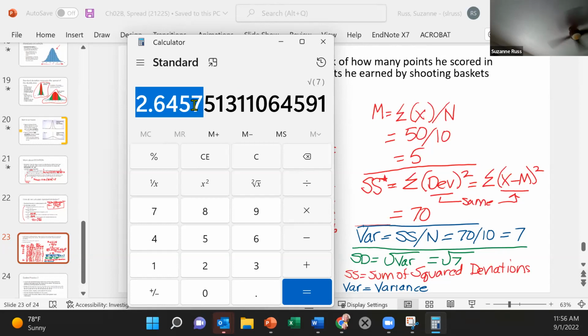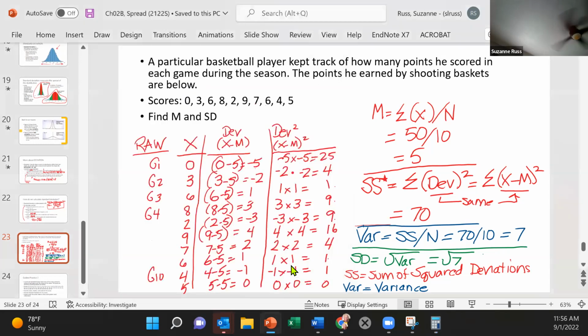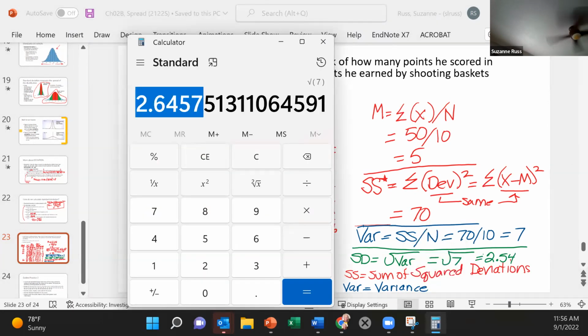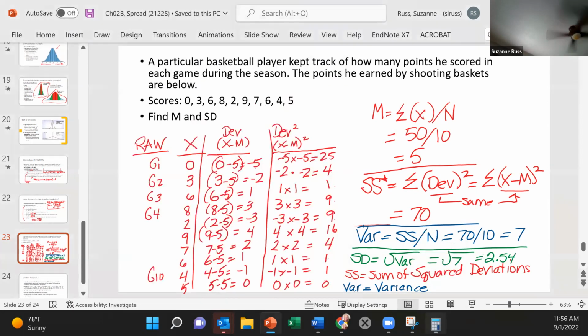So I'm going to take the 7 at the end. It's followed by a 5, so I round up. So I'm going to round it to an 8 and write standard deviation equals 2.6458. And so now we finish this problem.